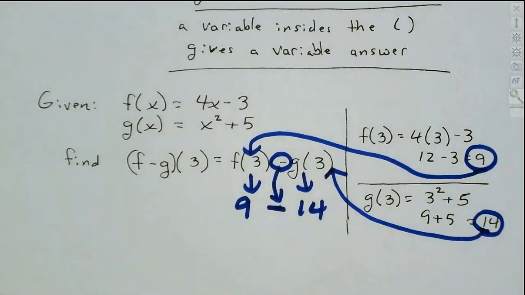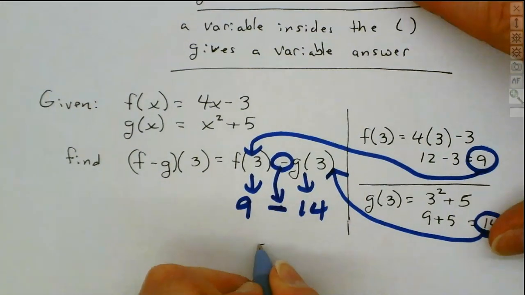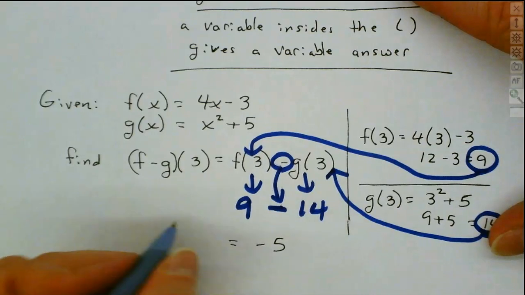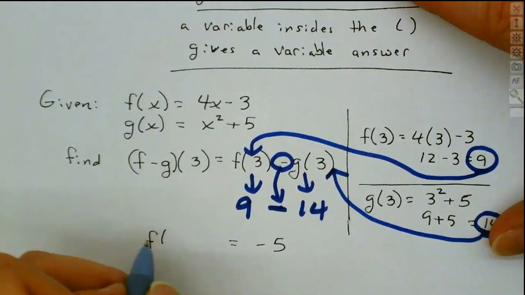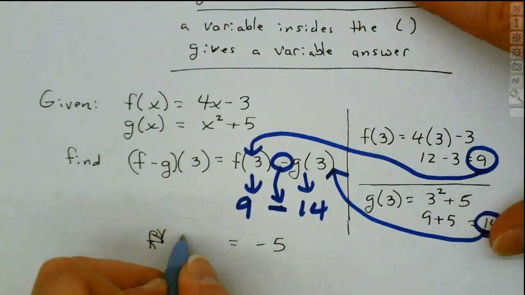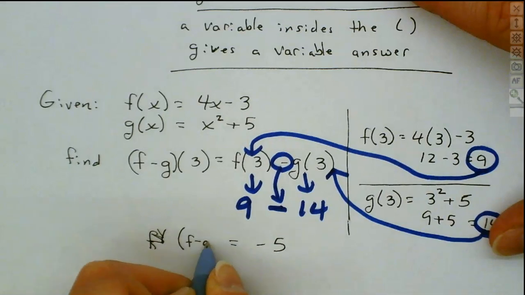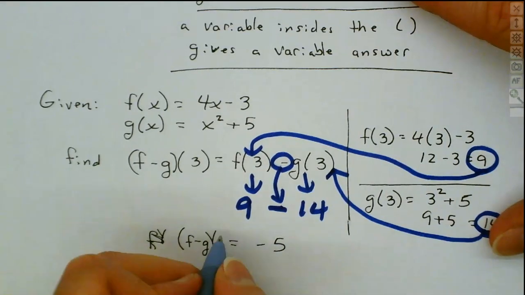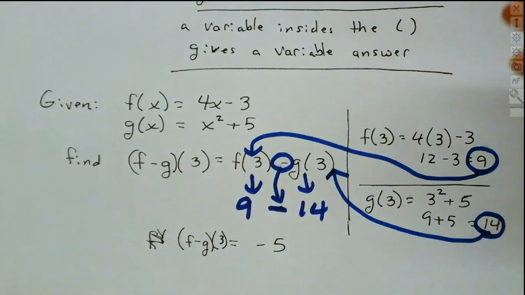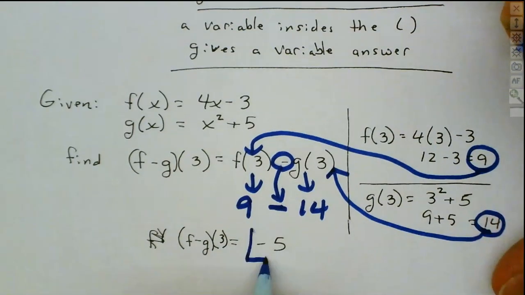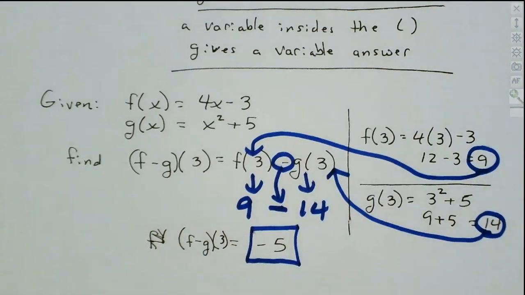Now we're done because 9 minus 14 makes it a negative 5. And that is your f minus g of 3. So f minus g of 3 is going to be a negative 5.